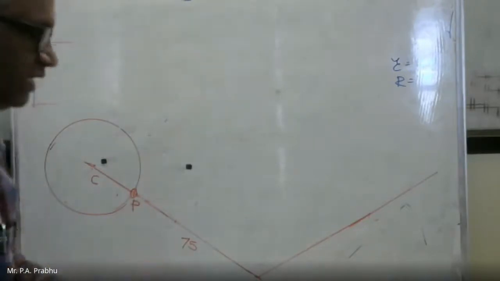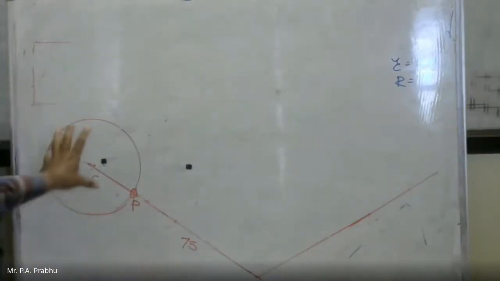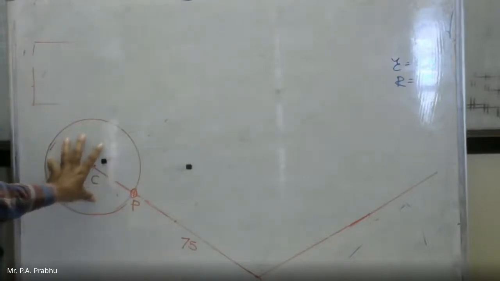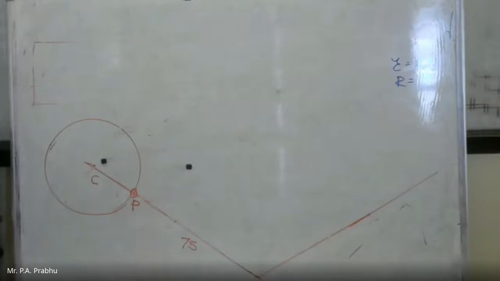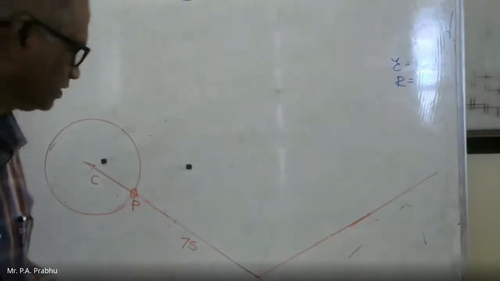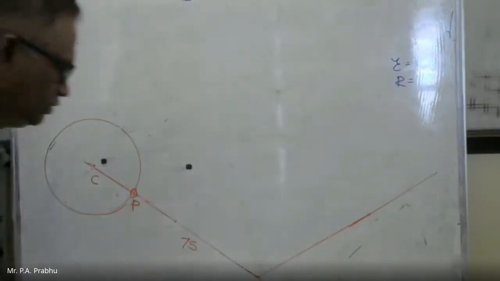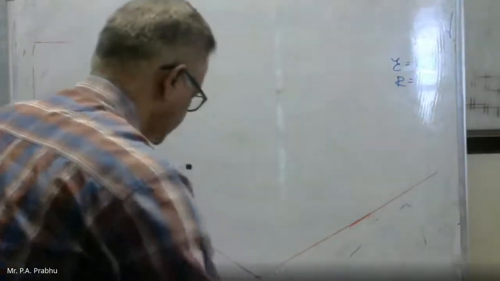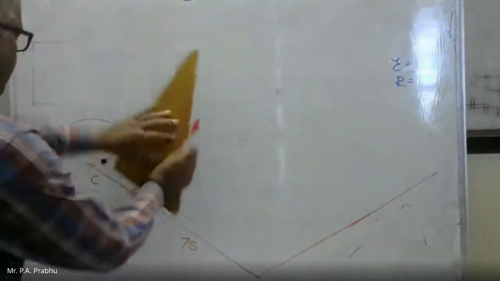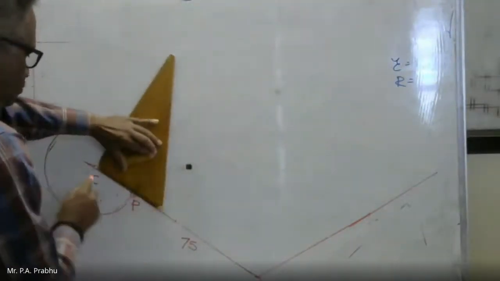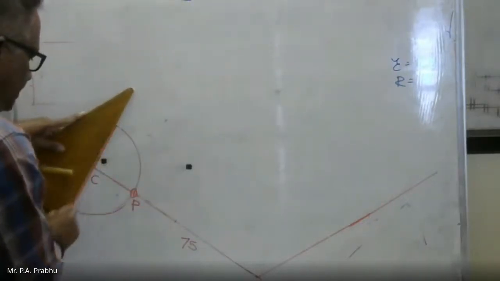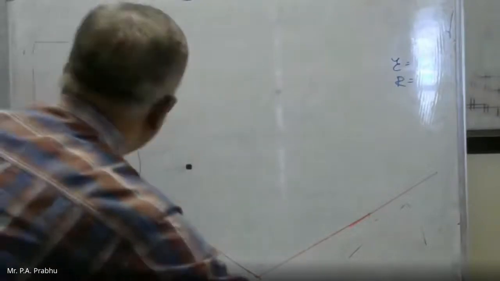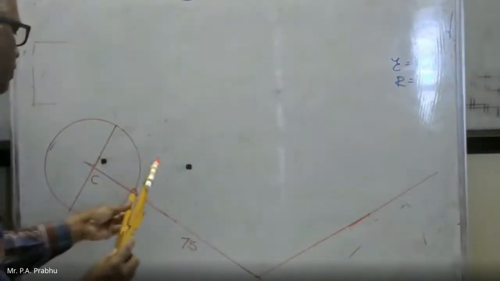Now, as we did in the case of cycloid, divide this circle and this angle into the same number of equal parts. First, divide your circle into 8 parts using the graphical method. Divide this circle into 8 equal parts.